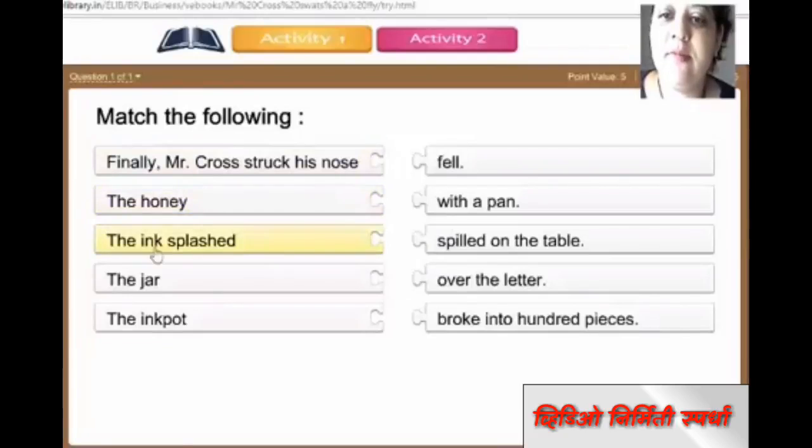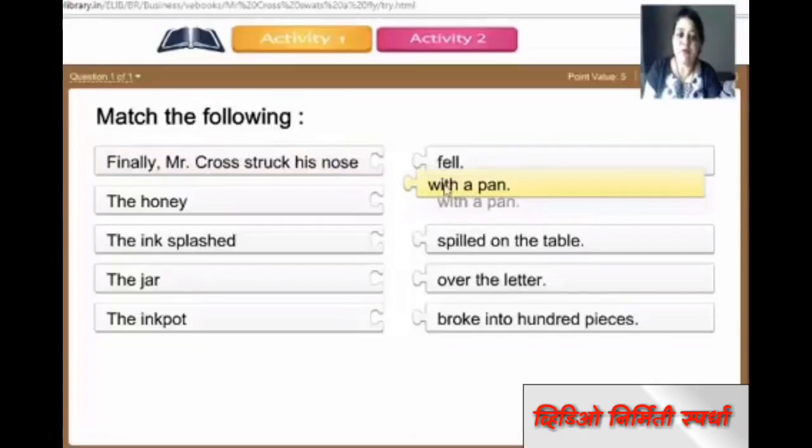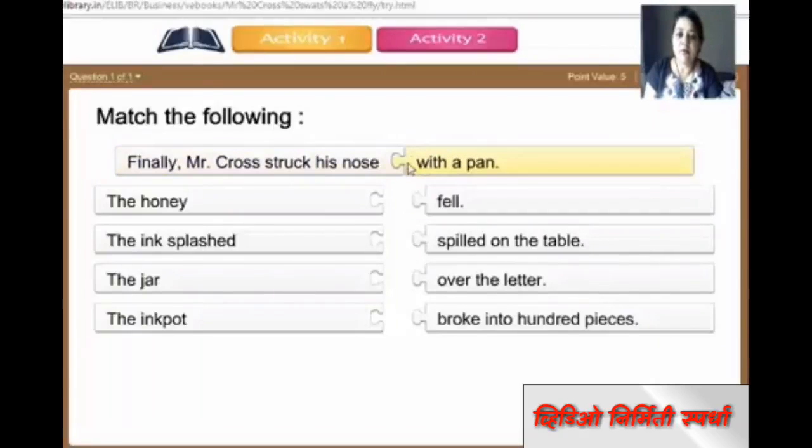The honey, the ink splashed, the jar and the ink pot. Okay, we have to match all these 5 sentences with the correct answer. So what happened? Finally Mr. Cross struck his nose with a pan. Very good. So we have to match this like this.